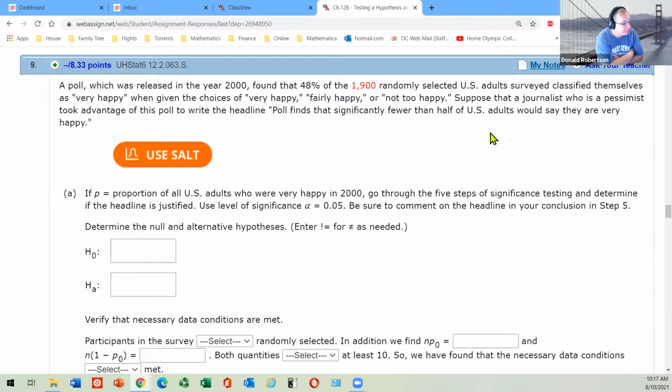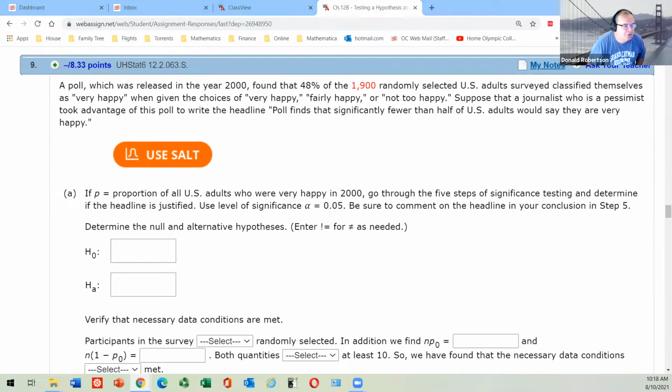So, okay, it's a pretty simple question to ask. Suppose a journalist who is pessimistic took advantage of this poll to write the headline, "Poll finds that significantly fewer than half American adults say they are very happy."